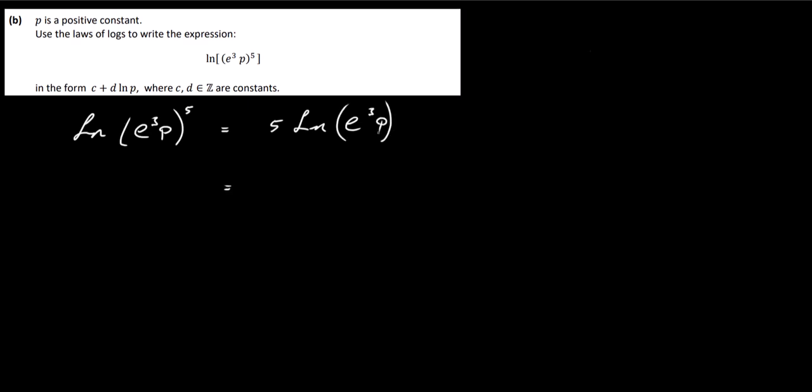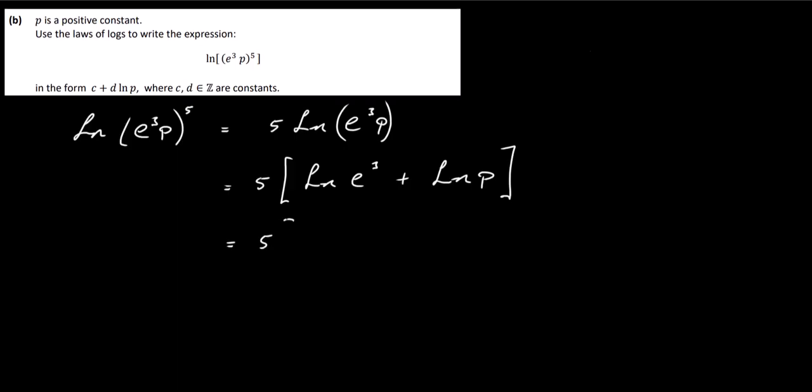Okay, so what we can do now is we have e cubed times p, so we can split those up. So we can take log e cubed plus log p, and remember all of that is multiplied by the 5. So what I can do next is maybe take this 3 here and bring it down to the front of that log.